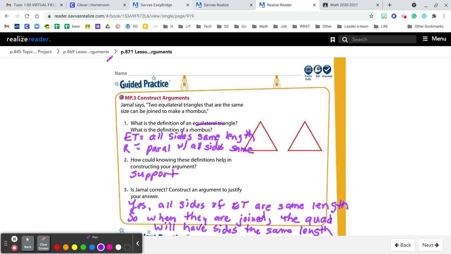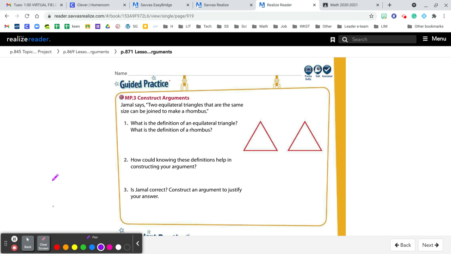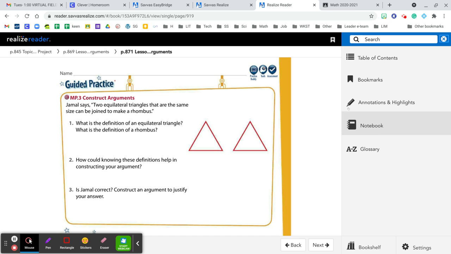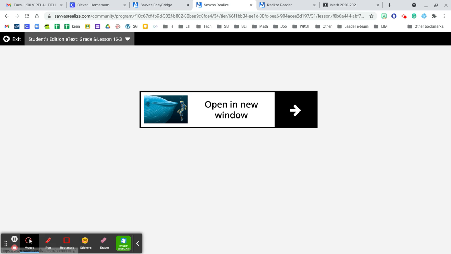And we actually do have some tools in our toolbox that you can mess around with the shapes in, your Savvas toolbox. So let me see if I can pull that up for you. There, it's in your Savvas toolbox. So let me pull up, here we go.